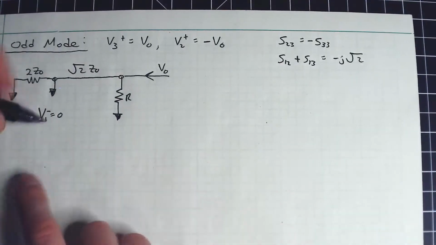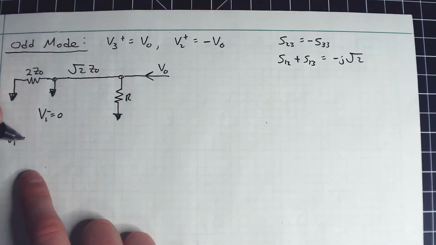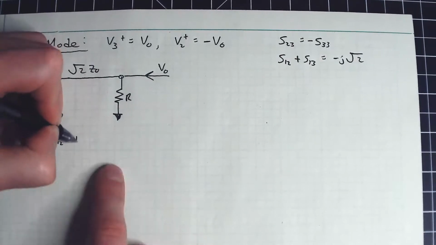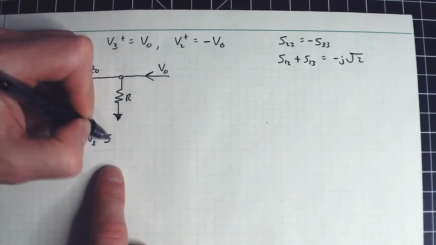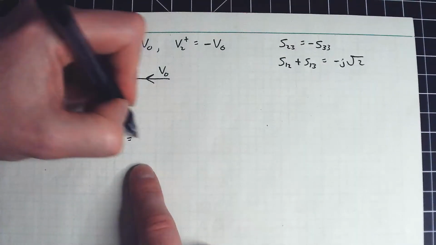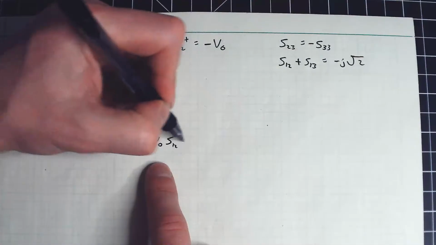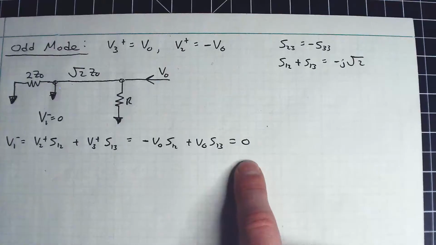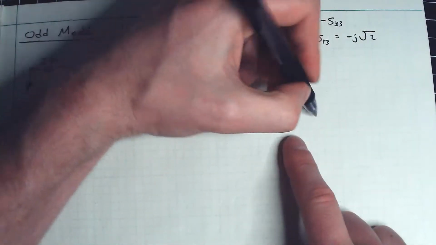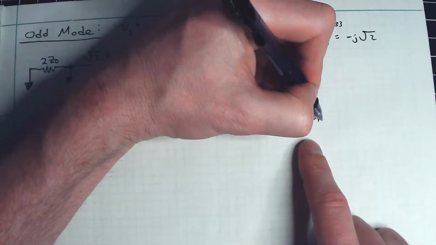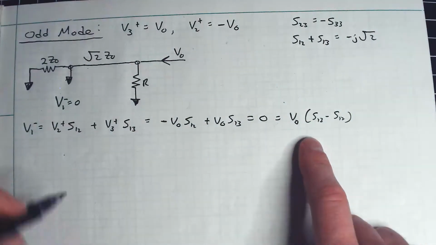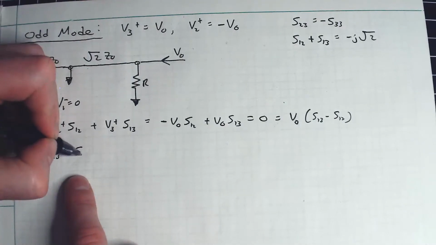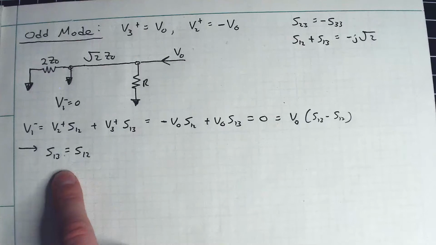So in other words, remember V1 minus is equal to V2 plus times S12 plus V3 plus times S13, which is now going to be negative V naught S12 plus V naught S13, which is equal to 0. So what I get is V naught times (S13 minus S12), which immediately tells me S13 is equal to S12. That has to be the case.